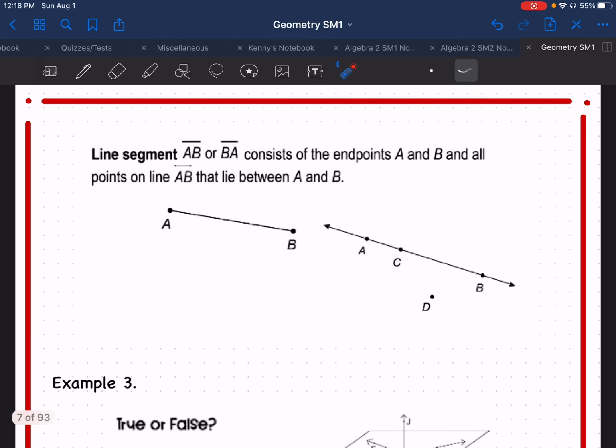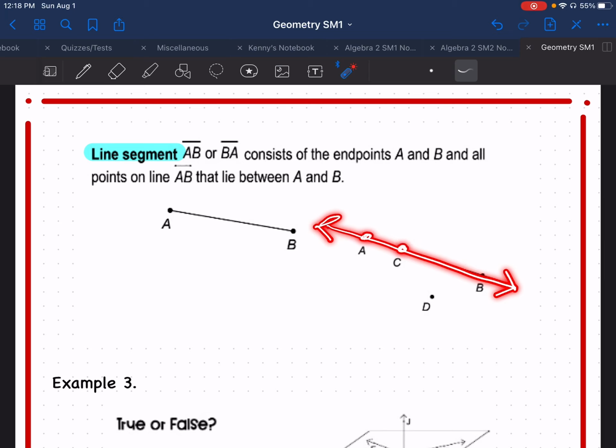All right. A line segment consists of 2 endpoints, A and B, and all the points on line AB that lie between A and B. So this is normally what a line segment looks like. But just like we did in example 1, I can take my line here and create segments.